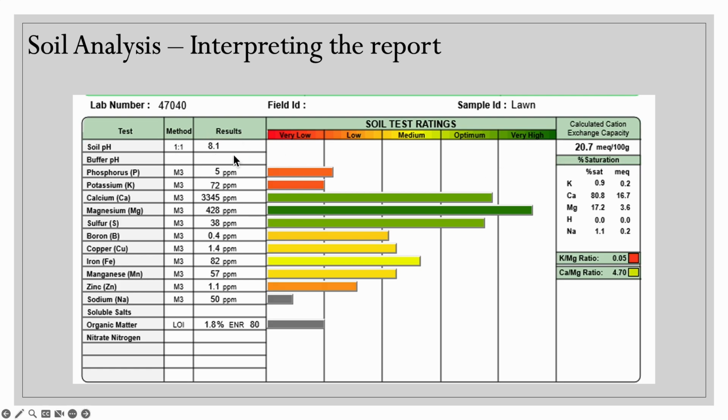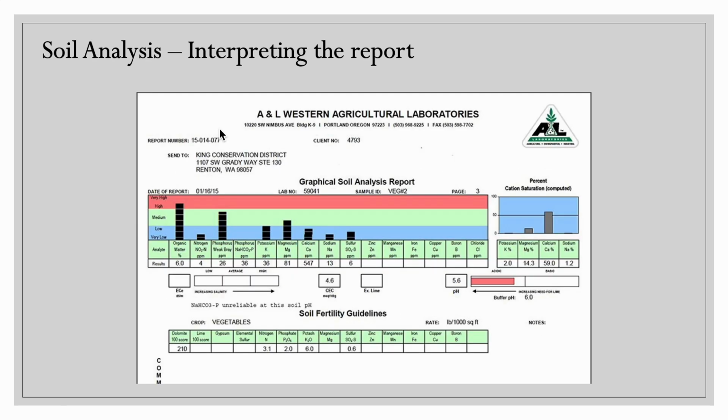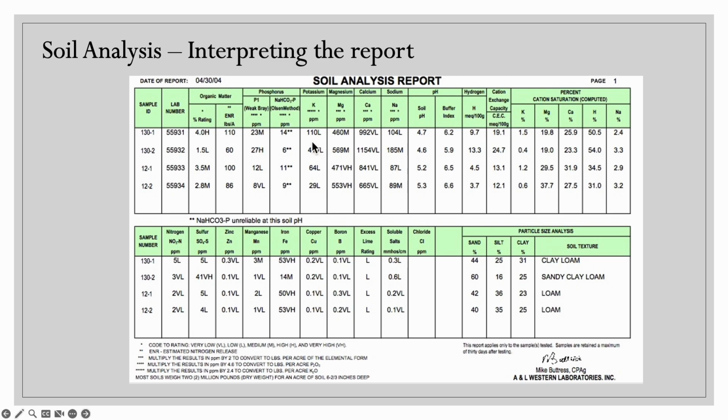And our pH is 8.1, so we don't need to apply lime. Everyone's going to have their own layout for how they want to get that back to you. But most of the time you will get some rating, high, low, medium, very high, in order to understand what this means in your soil test report.